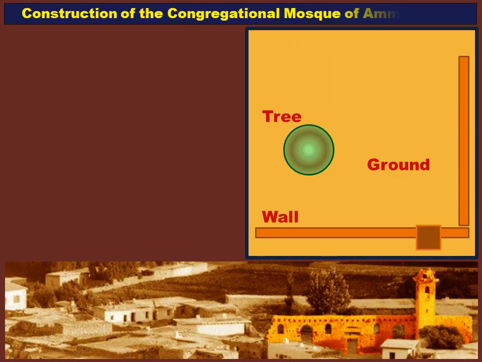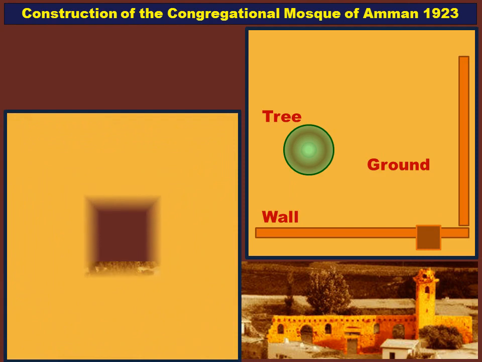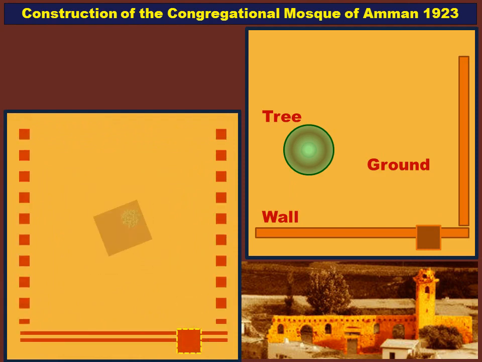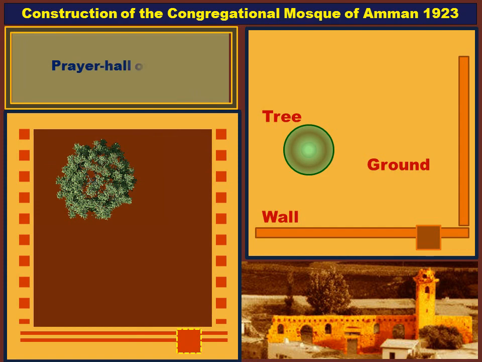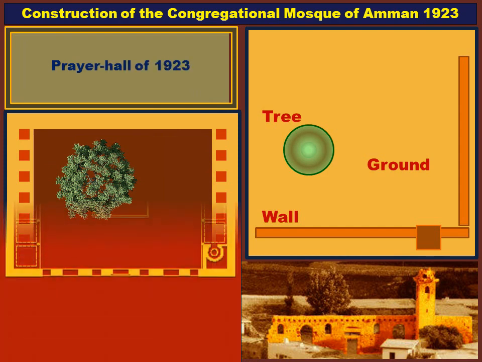Construction of the Congregational Mosque of Amman 1923. Prayer hall of 1923.